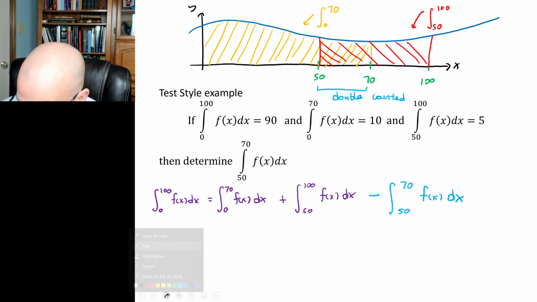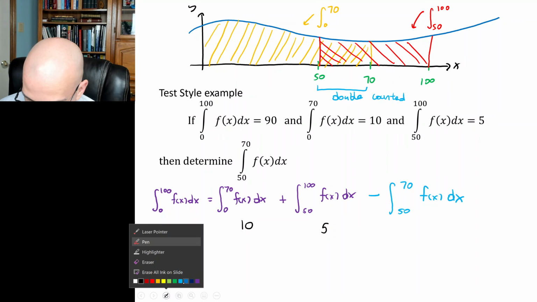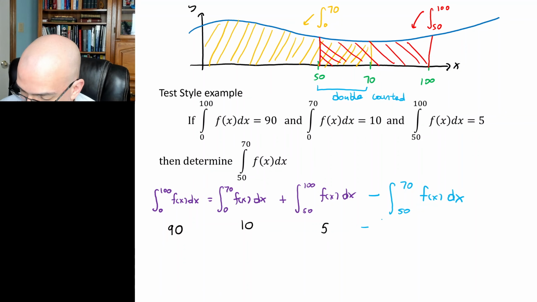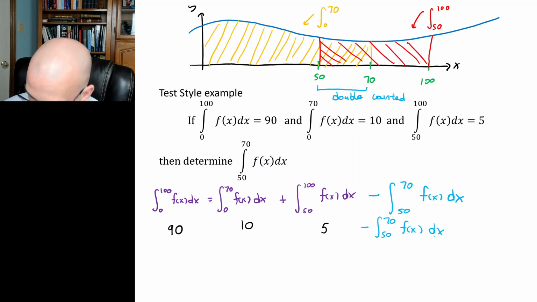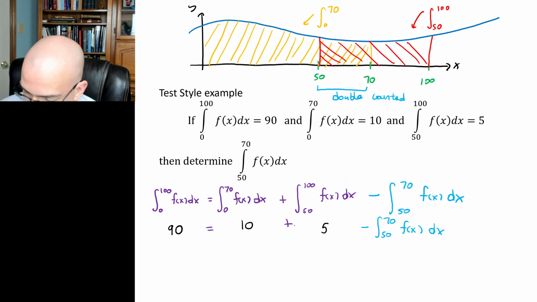So I'm going to plug in our knowns. I have 90 here for the whole thing. From 0 to 70, I have 10. From 50 to 100, I have 5. And I have my one unknown, which I'm just going to keep there, minus the integral from 50 to 70 of f of x dx. So 90 is equal to 10 plus 5 minus that.